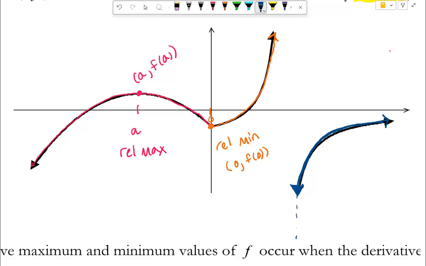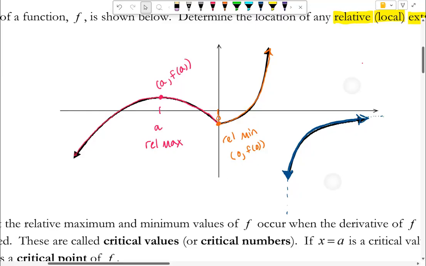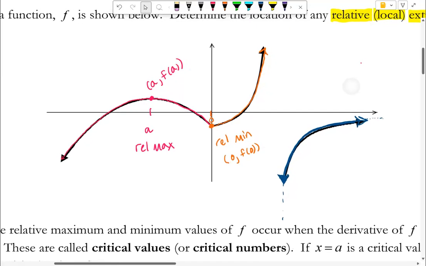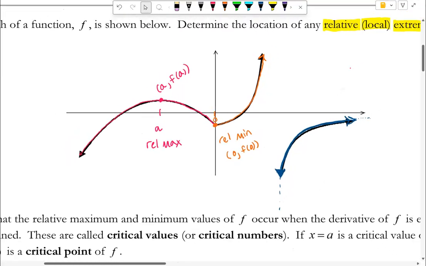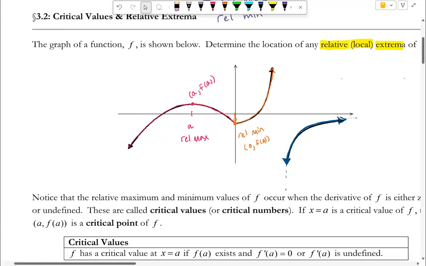Maybe we have an asymptote there. And this arrow on the right suggests that this curve keeps slowly increasing the way it is. It almost looks like a logarithmic curve there. I'm not sure. So all that to say, there's no relative or local minimum or maximum on that curve because there's no point that's higher than or lower than the points around it locally.